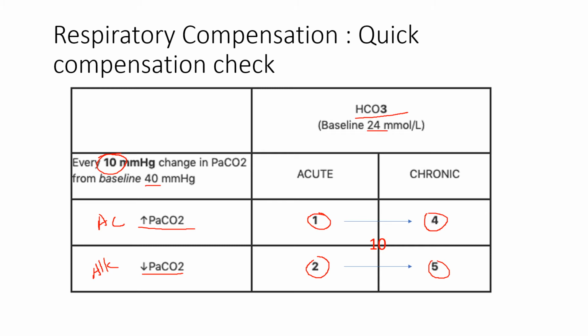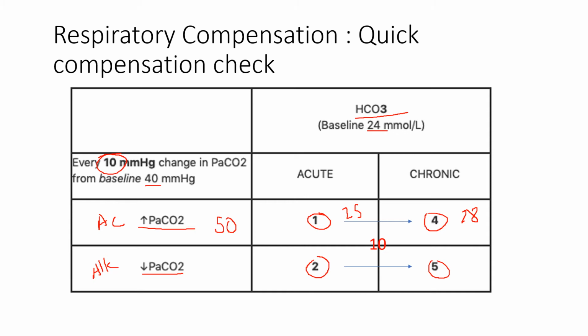So if our PaCO2 goes up by 10 in an acidosis condition, let's say we have 50 here, right? For every 10, our bicarb now has to go up by either 1 or 4. So our new bicarb here is going to be 25, and our new bicarb here is going to be 28. It went up to try to compensate for this respiratory acidosis.